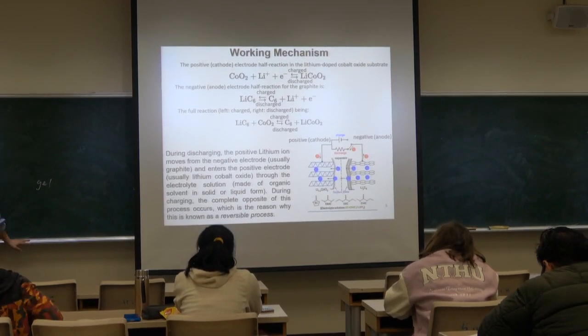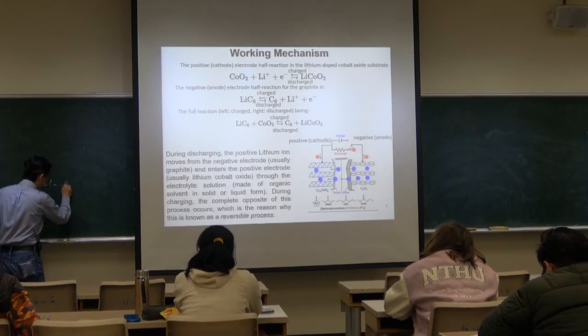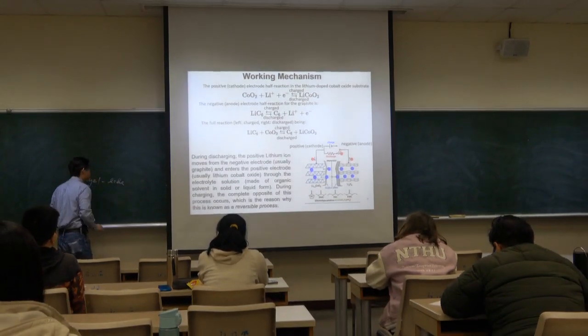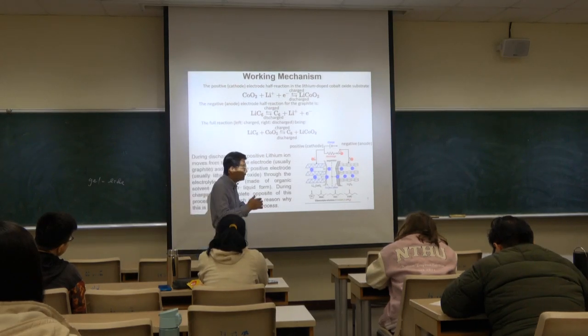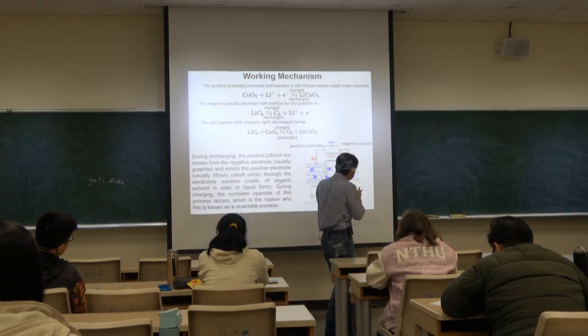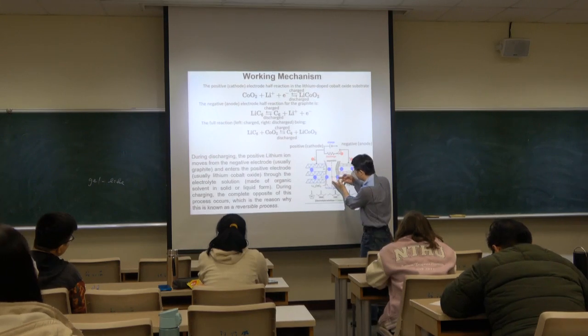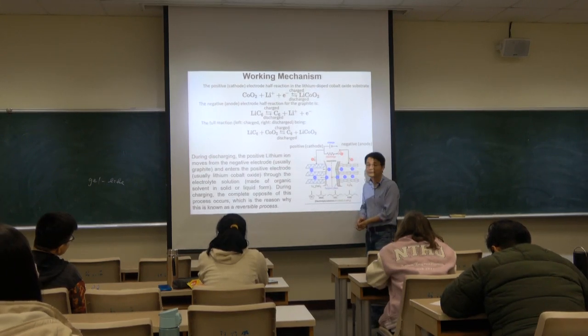Gel-like is more chemically stable than liquid and can avoid the dendrite penetration.